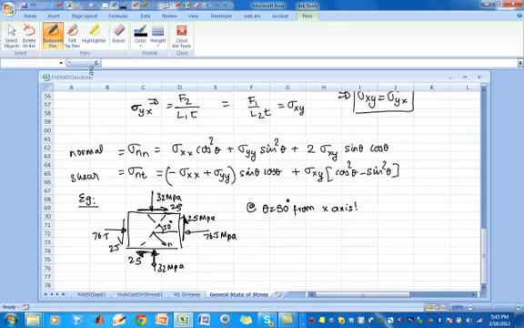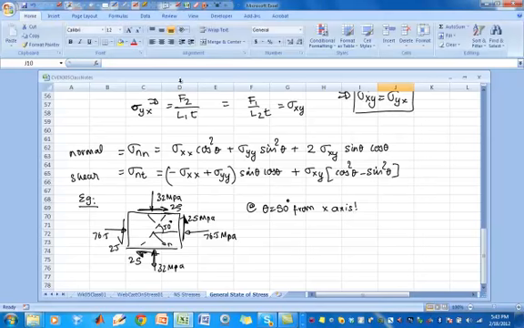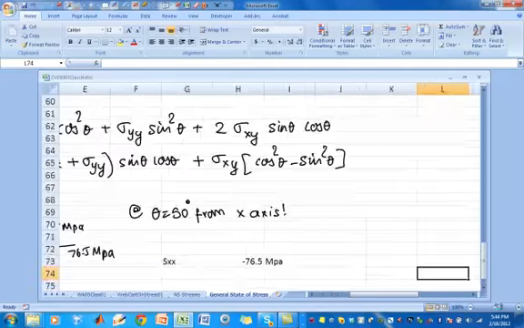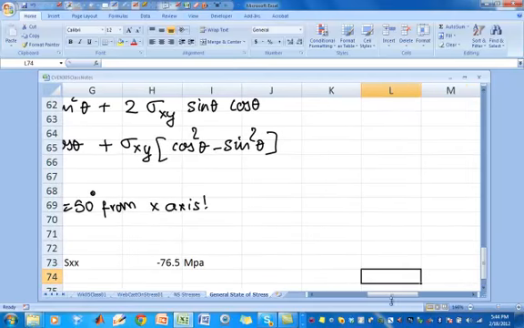Okay. So I'm going to do this by using, of course, Excel, because it's easy for me to show you the numbers. So I'm going to write Sxx, given to us, minus 76.5. So for you to be able to see, I'm going to zoom it a little bit. There.